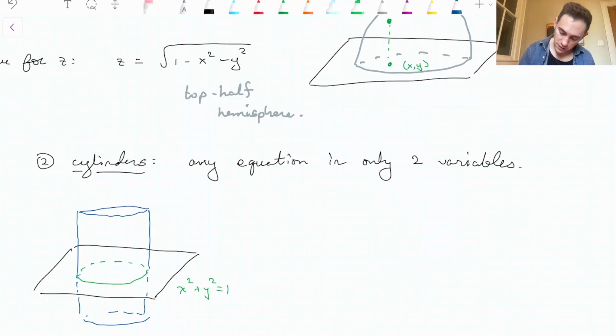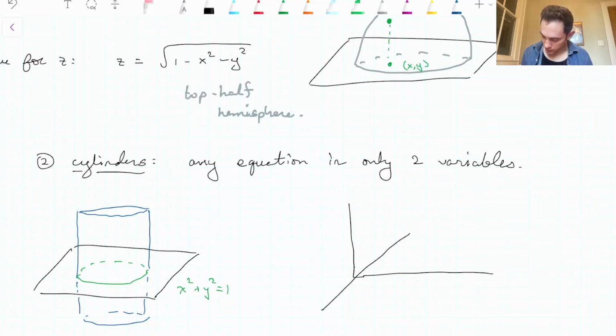So I could write the equation z equals x squared. So in the xz plane, I'm imagining drawing this parabola.